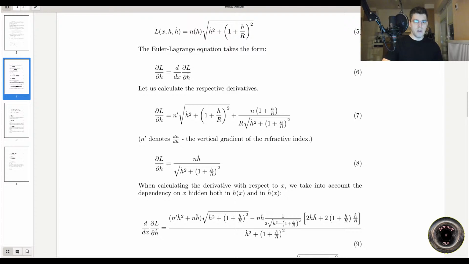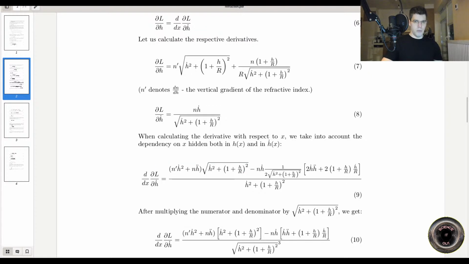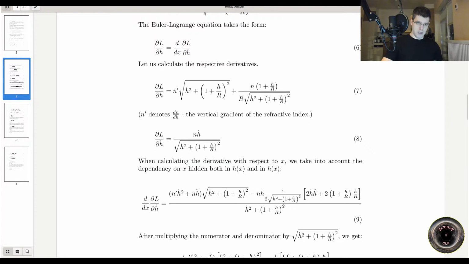So now the derivative with respect to h dot, and h dot is only here, so we need to calculate only the derivative of this square root. N is considered constant here, and so we have this. But now, for the right side of this equation, we need to calculate the derivative with respect to x of all of this.